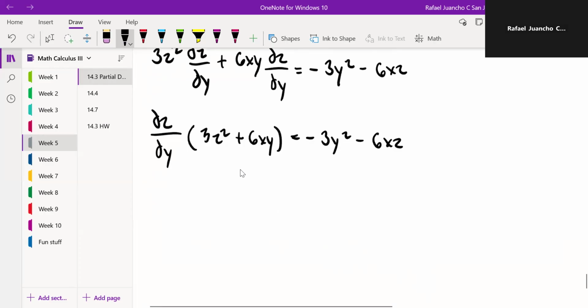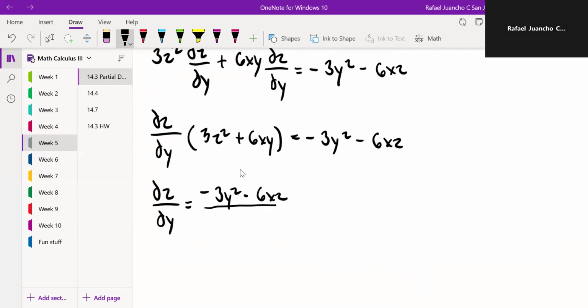And then I can factor out my partial here. Then I can bring it down here. Okay, I hope I didn't mess up. Let me see if I got my answer. Yeah. Then I just factor out my negative and my 3.